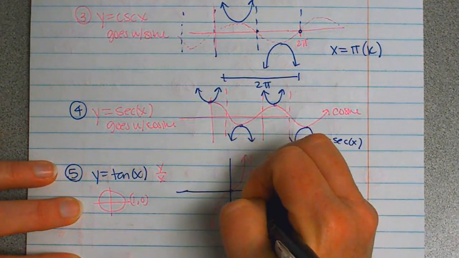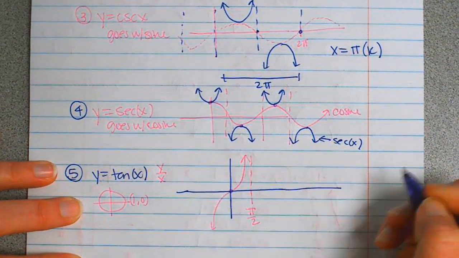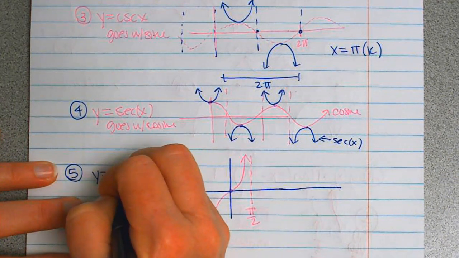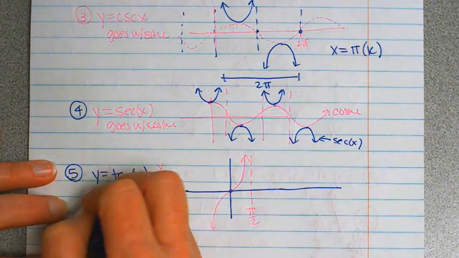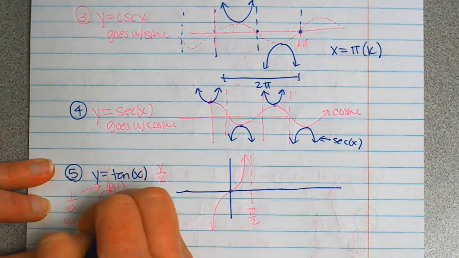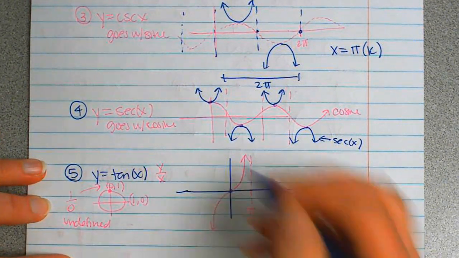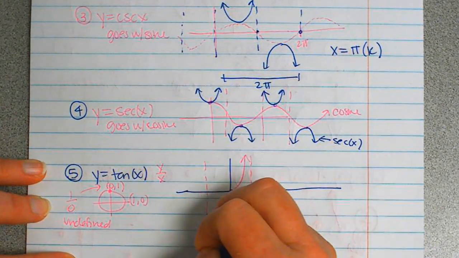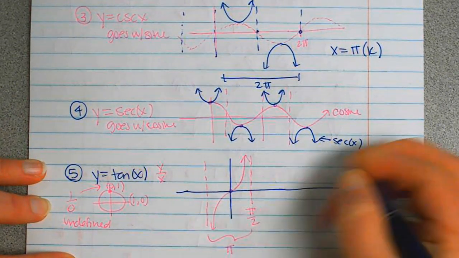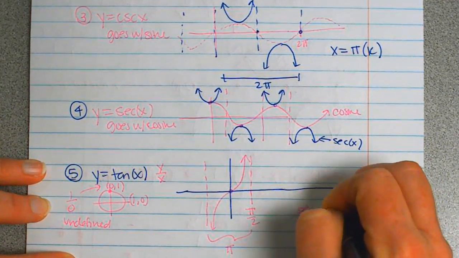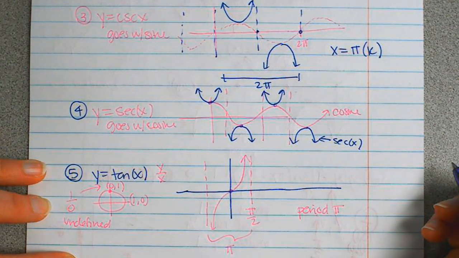And then it has asymptotes here at pi over 2, which we looked at a minute ago. That is where the x value is 0, because 1 over 0 is undefined, which makes it an asymptote. It happens every pi over 2, and the distance between them is pi. That makes the period pi. It's halfway around the unit circle.